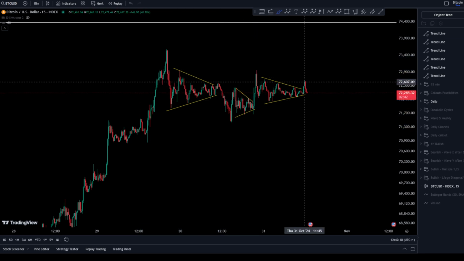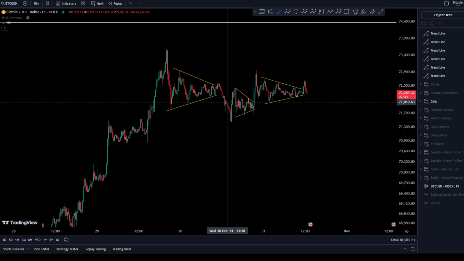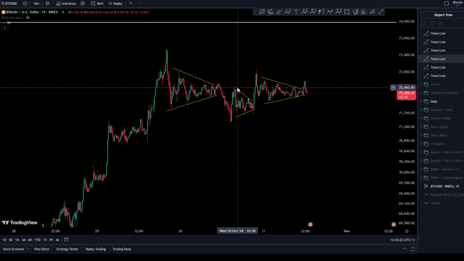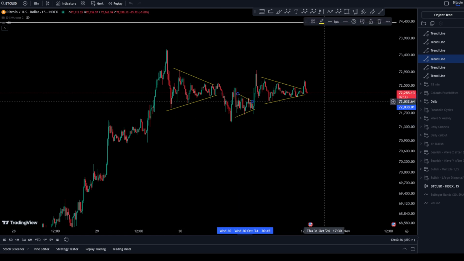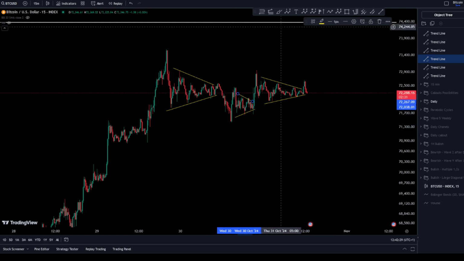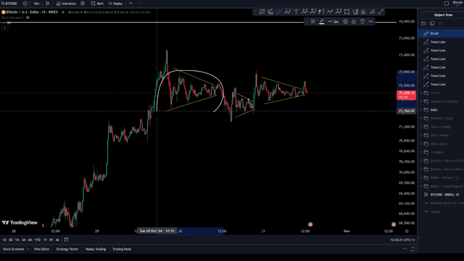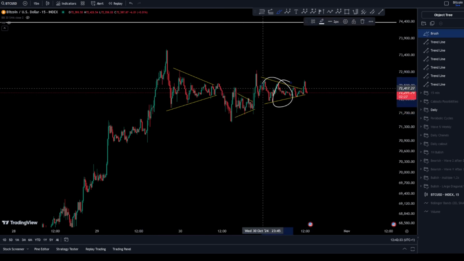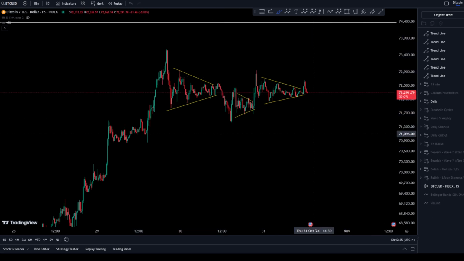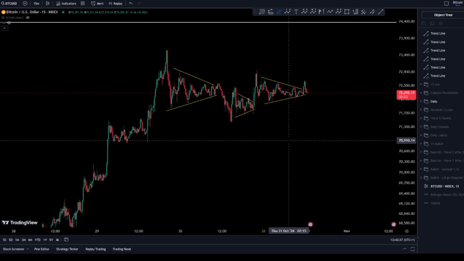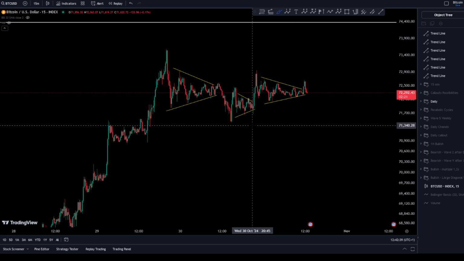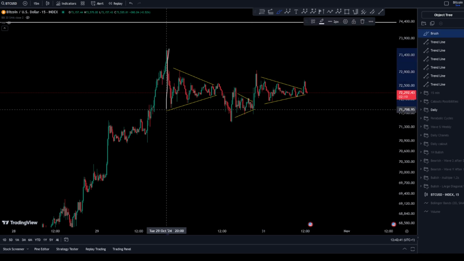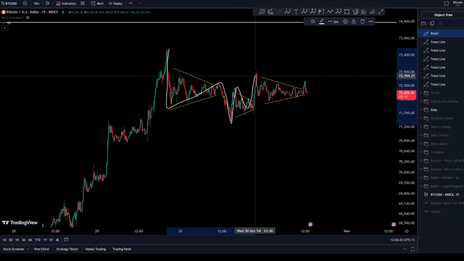And it looks like each structure has a triangle, and that is very insane. I mean, it's very rare to see this, guys. Very rare to see triangles in every structure of this corrective structure. However, what we are looking at is basically ABC and then ABC.